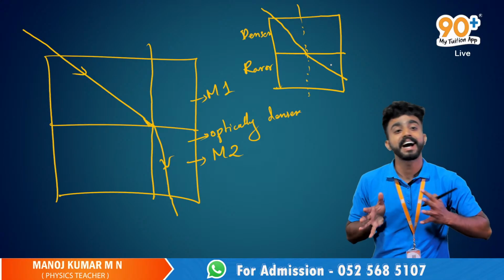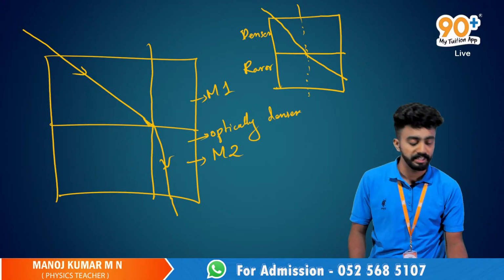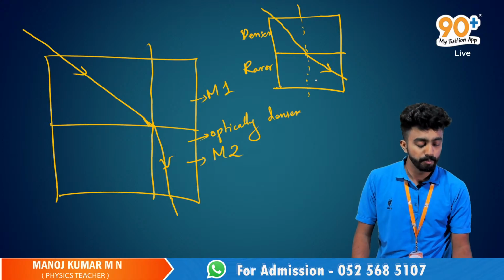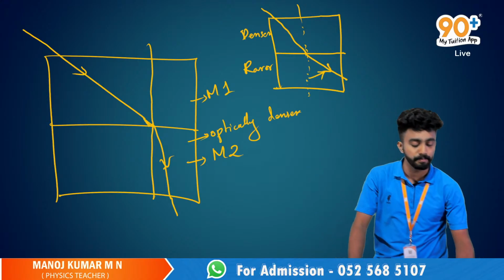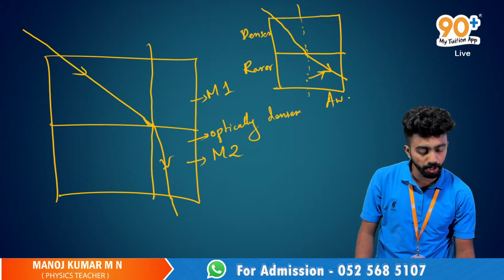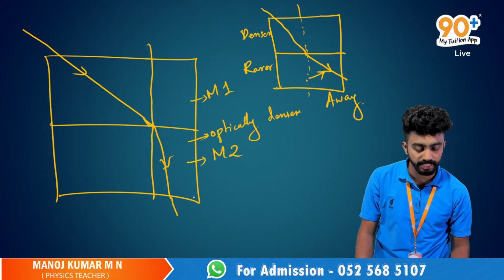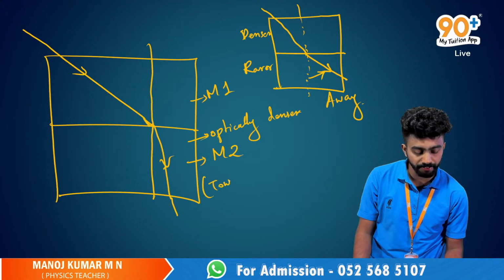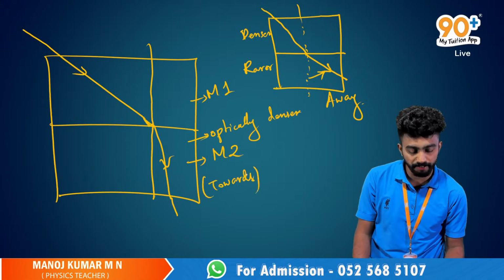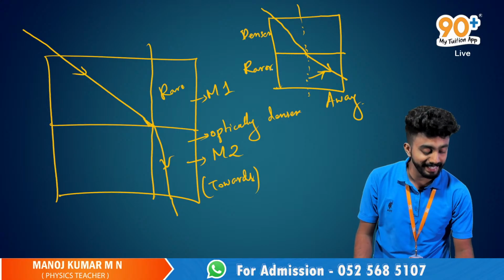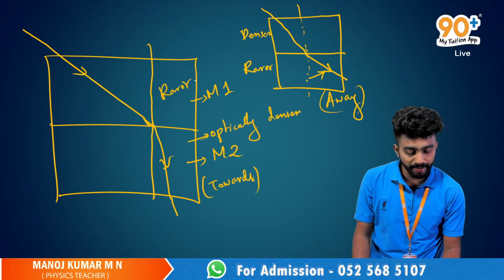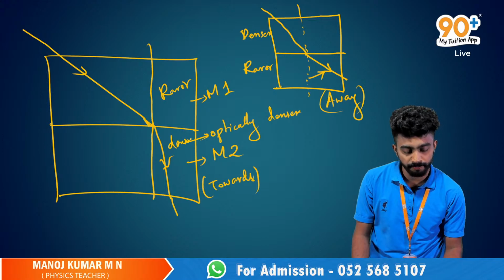So it'll diverge more, it'll deviate more. So with respect to the reference of the normal, it'll bend away from the normal. From denser to rarer, away from the normal; from rarer to denser, towards the normal.